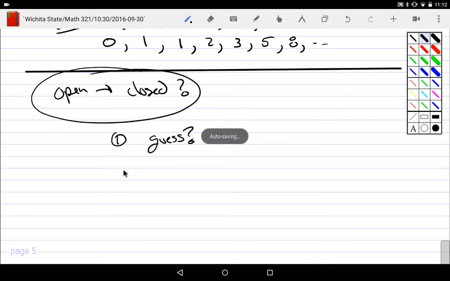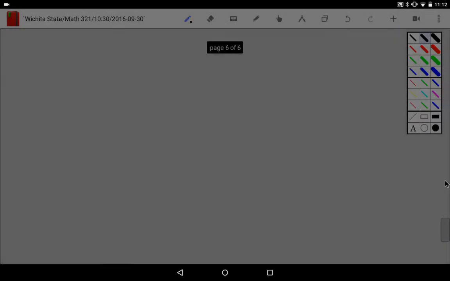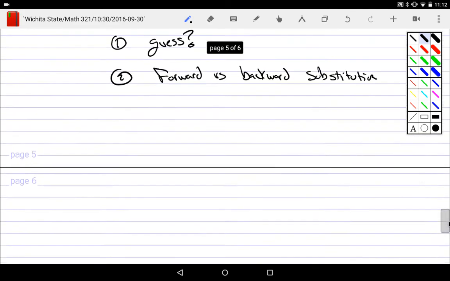All right, the other technique is called forward substitution versus backward substitution. So let's pick one that we already know.